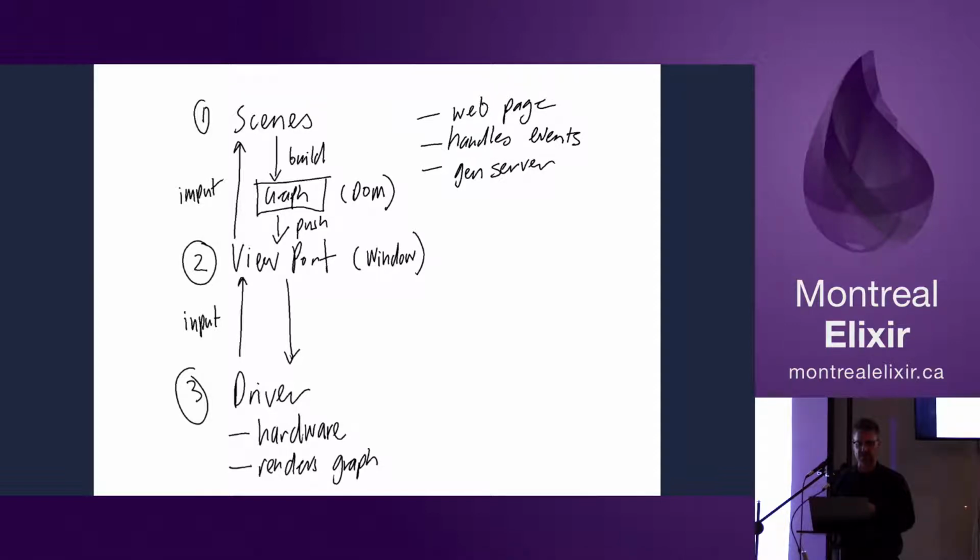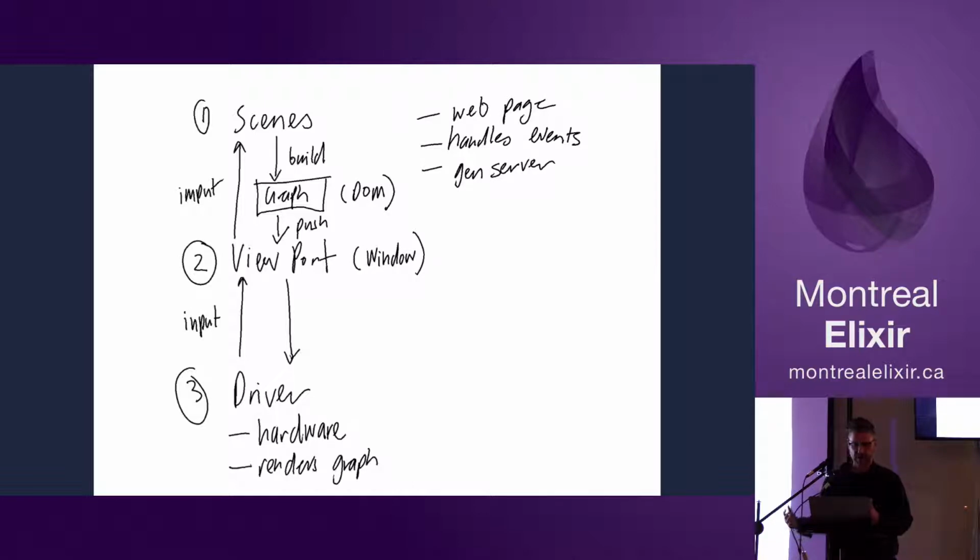And you can think of the graph as a DOM where you're adding elements to that graph. That graph gets pushed to the viewport. Typically you have one viewport per application, and that viewport will interact with a driver, and a driver will render the graph for you depending on what hardware you're on.